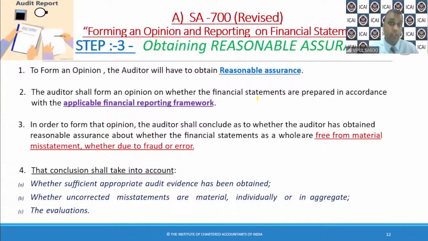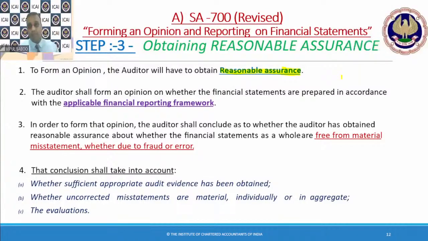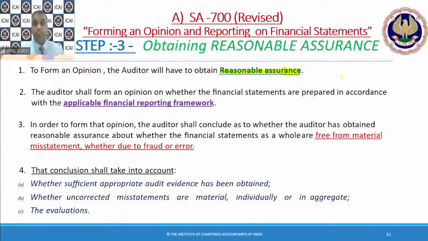He's evaluating. Why does he need to evaluate those conclusions? Because the auditor needs to be reasonably assured. What is reasonable assurance? An assurance, an affirmative statement, an affirmative feeling that he can prove with logic, with reasons.